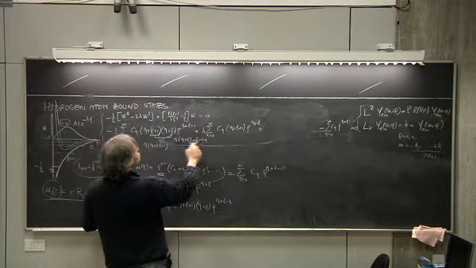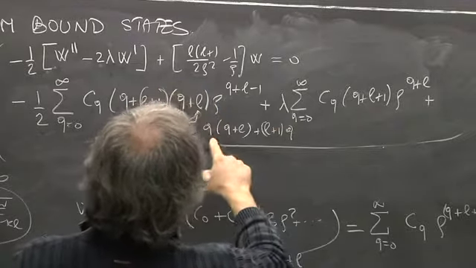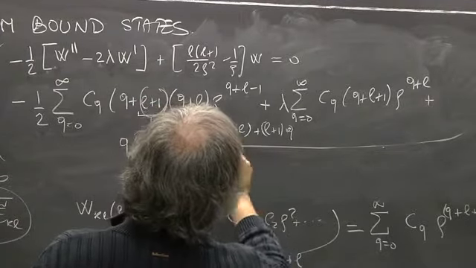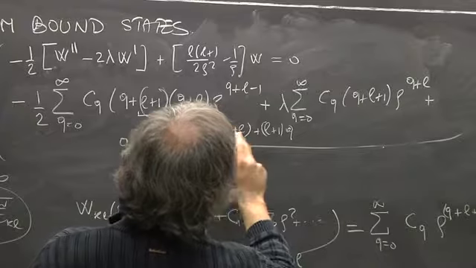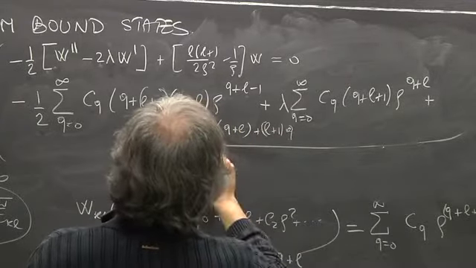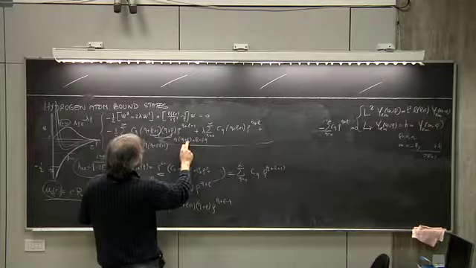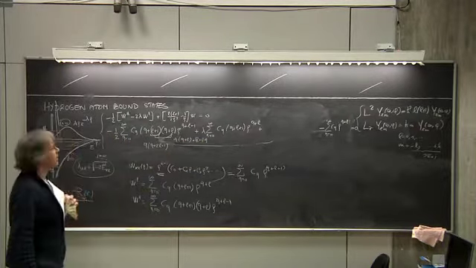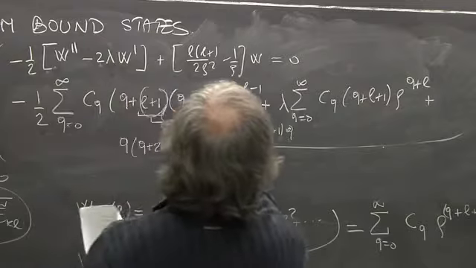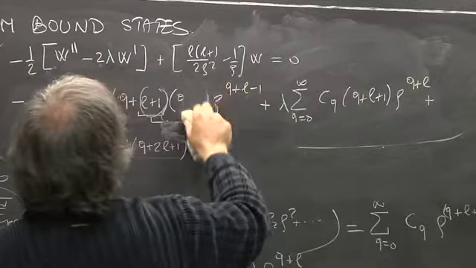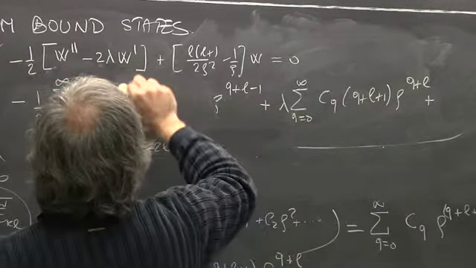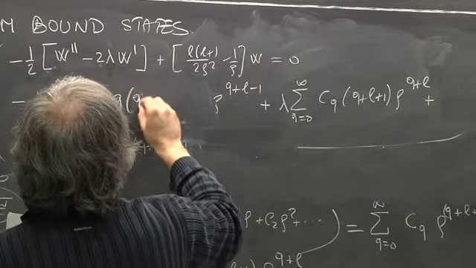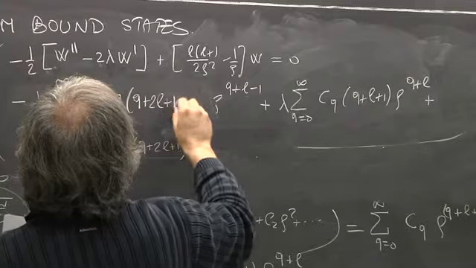So these are the two surviving terms, but if you put things in common, you put the Q as a prefactor, and you have Q plus L plus 1, which is this. Good. So let me simplify this coefficient, in view of the cancellation with the other thing, into Q plus 2L plus 1.